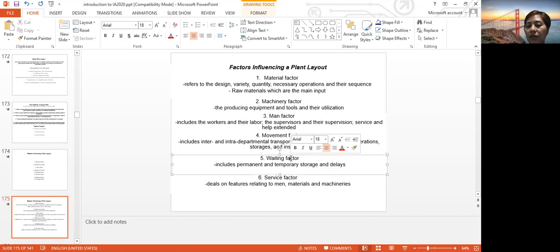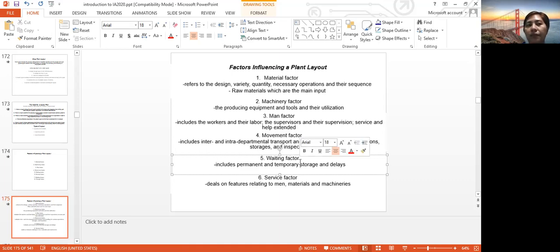The next is the waiting factor. What is this? This includes permanent and temporary storage and delays. So in plant layout, we also need to consider a room for this. For example, not every day will all of the supplies be used.